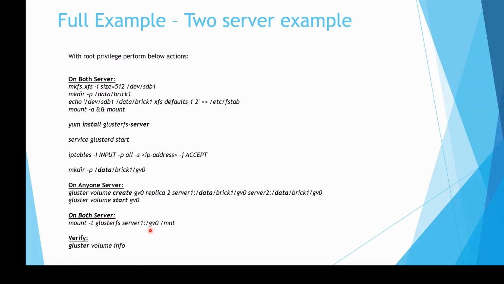Now whatever you write in /mnt will be replicated, copied under the /data/brick1/gv0 folder on both of the servers. So in this example, we used the local device attached to both of the servers and created a gv0 cluster volume.